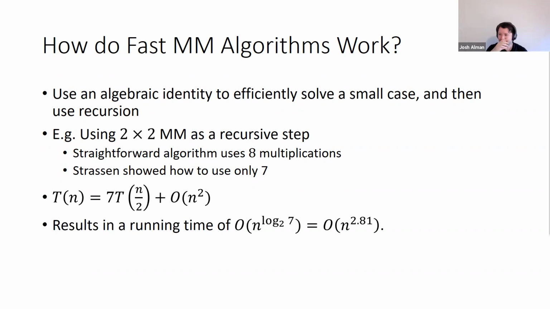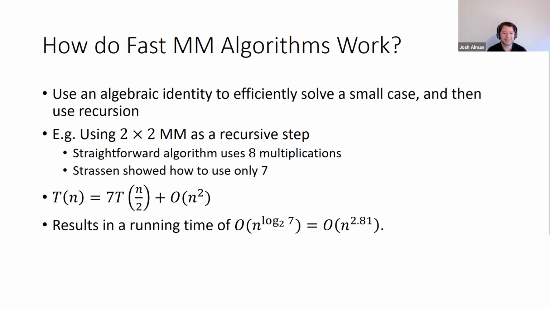So omega is at most 2.81. And in fact, I mentioned this before, every algorithm in the history of fast matrix multiplication algorithms is also of this general form, where you get an identity for multiplying some particular fixed size of matrices, and then use it recursively to multiply bigger and bigger matrices.